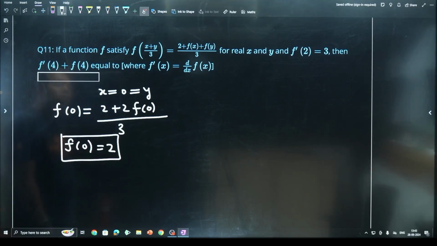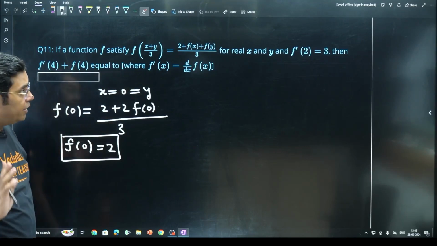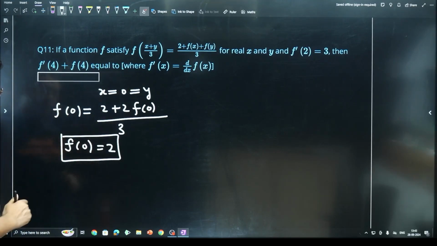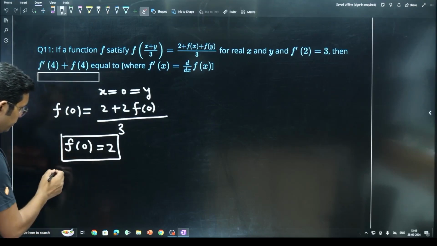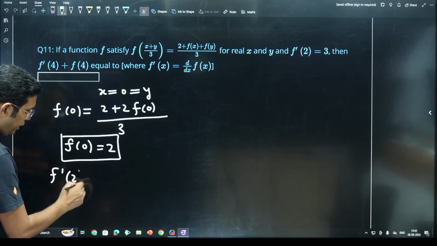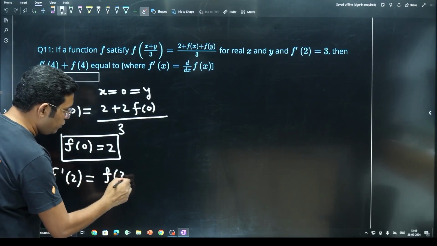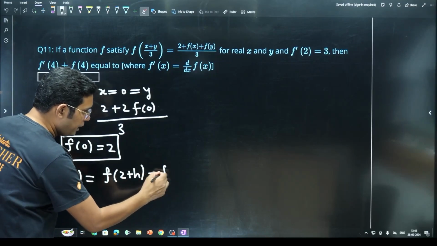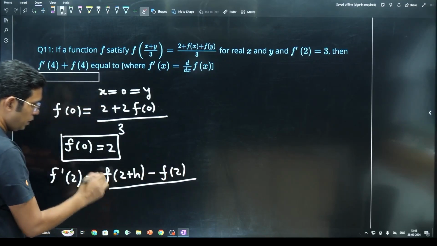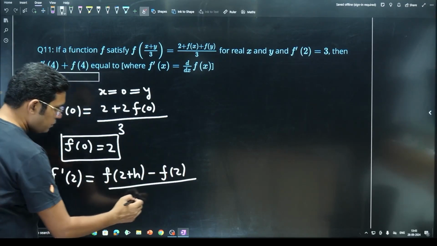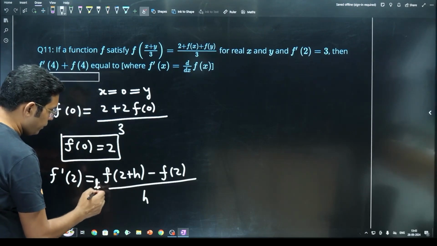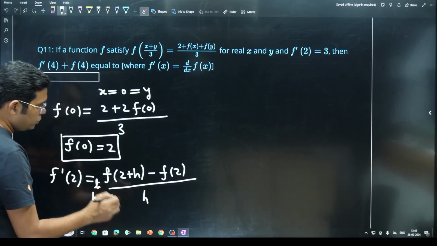Okay, now f dash 2 is equal to 3 we are given. If I try to find f dash 2, please see, it should be equal to the limit as h approaches 0 of f of 2 plus h minus f of 2, upon h. Limit h approaches to 0 is obvious.